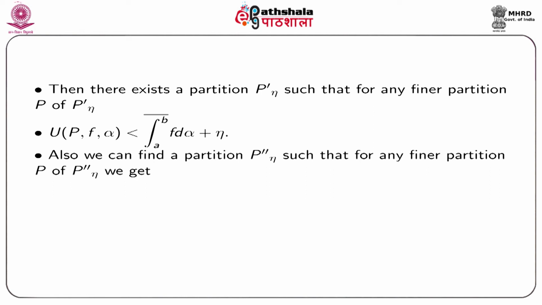Also, we can find a partition P double dash eta such that for any finer partition P of P double dash eta, we get L(P, f, alpha) greater than the lower integral from a to b of f d alpha minus eta.